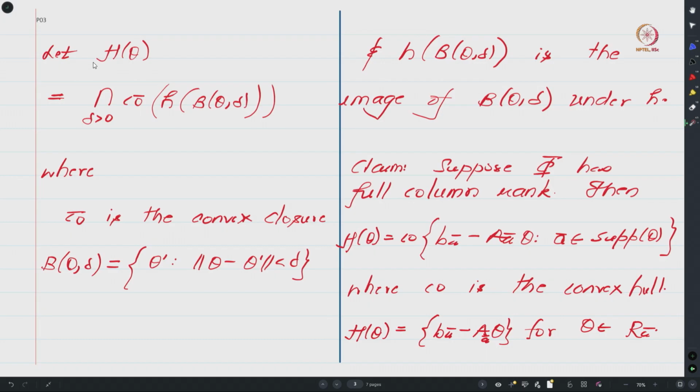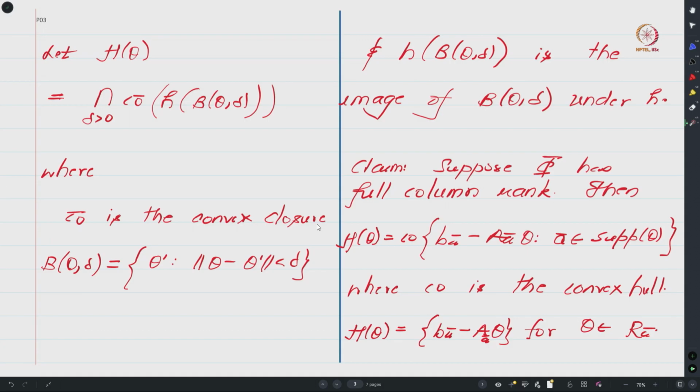And what is this subset? It is defined as the intersection of the convex closure of the image of B theta delta under h. So let me try to explain the different terms over here. So delta is some scalar, and you consider all possible values of delta strictly bigger than 0. CO bar is the convex closure.